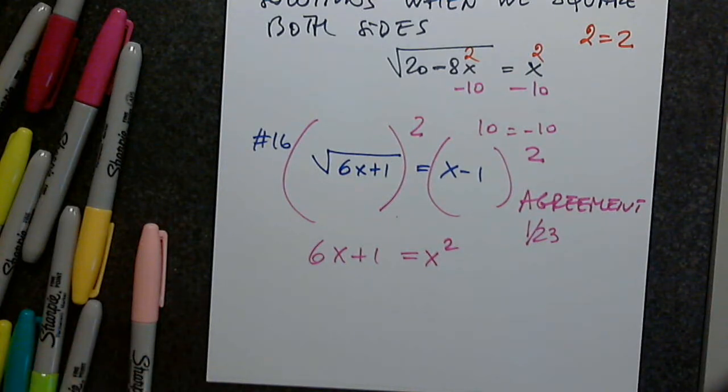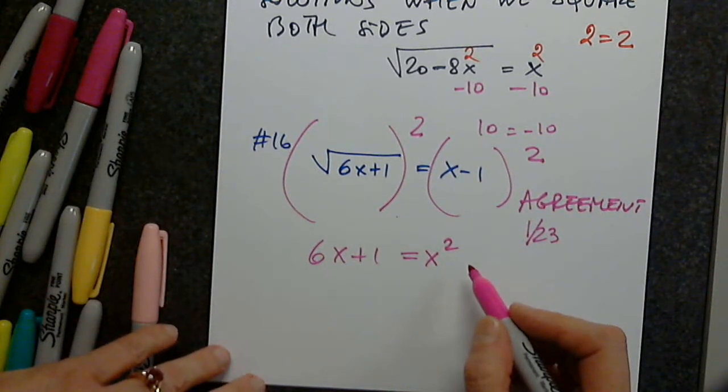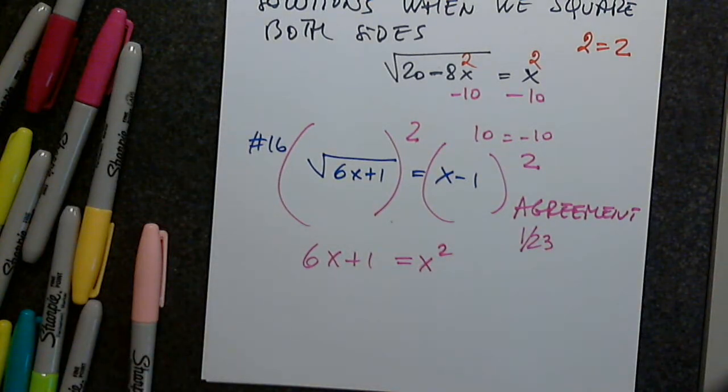So we are going back to Adam and Eve. It's our first agreement that we studied. The first day of class is the first handout.